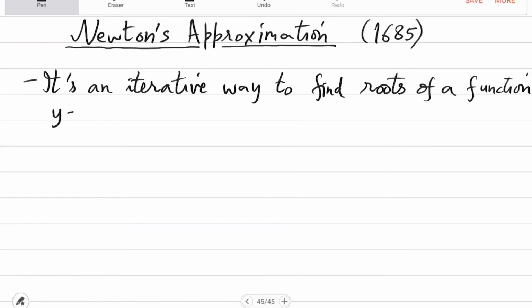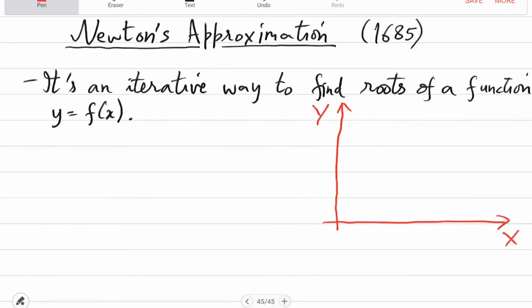Of a function y equal to f(x). So it draws a curve on the xy plane. So you have, let's say, a curve.